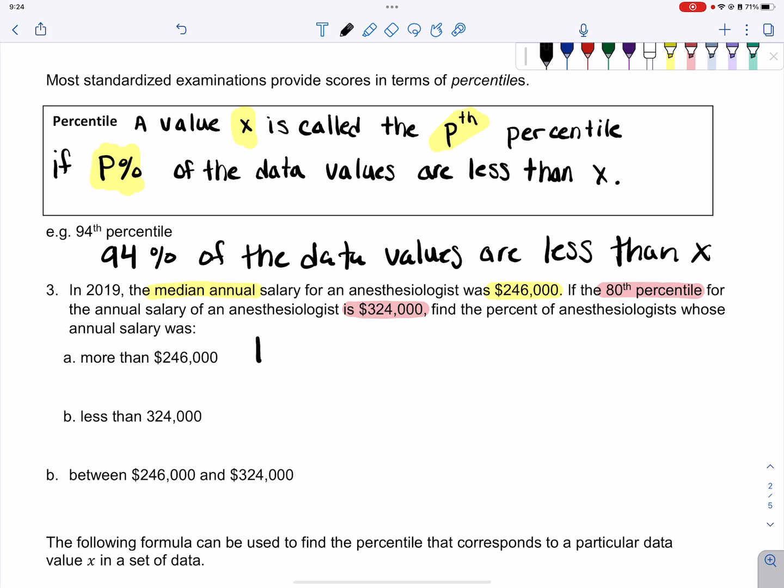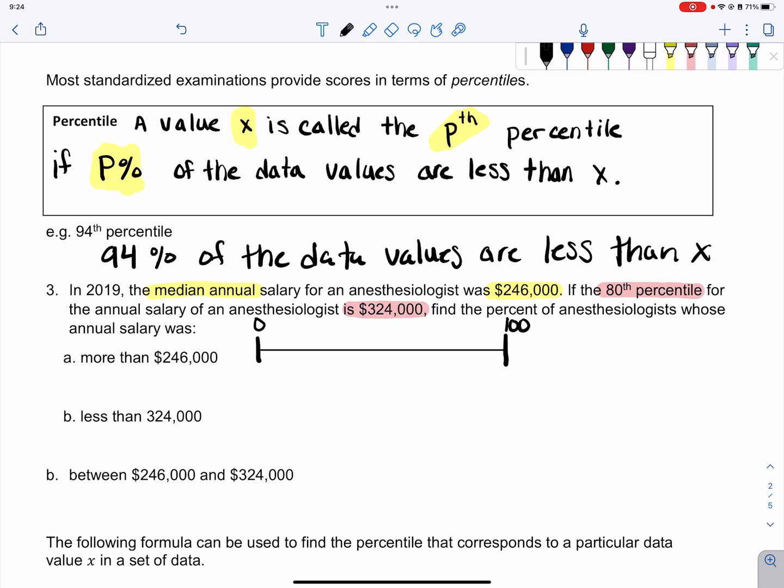So to start, I'm going to draw a picture here to visualize what's happening with these percentiles that we've been given. So from 0 to 100 for our percentiles, we have been given the median, which we haven't quite talked about yet as a percentile, but let's think through how the median is found. The median, we find the value that's directly in the middle of our data set.